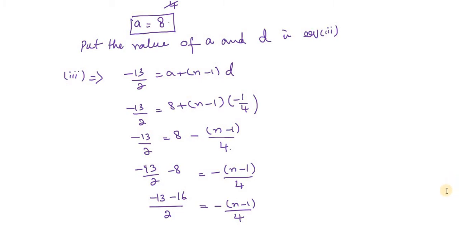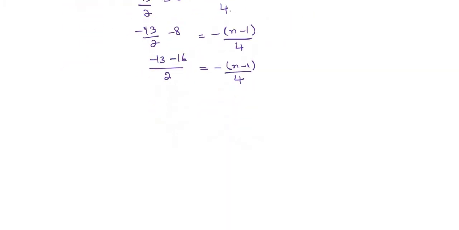Minus 13 and minus 16 is minus 29. Minus 29 upon 2 is equal to minus n minus 1 upon 4. Minus sign we cancel with minus, and 2 2s are 4. So 29 multiplied by 2. Here 29.